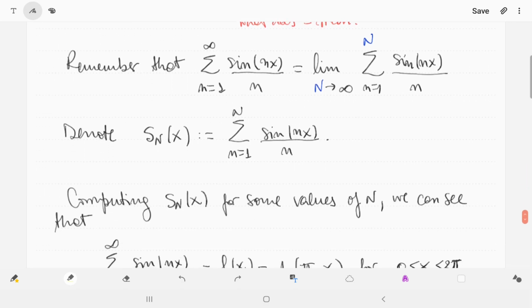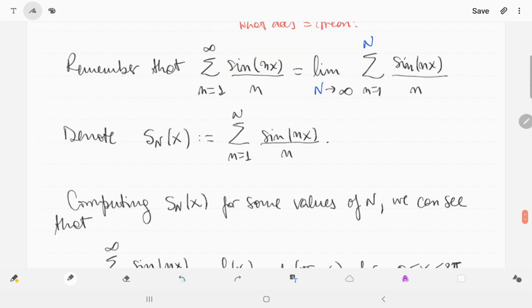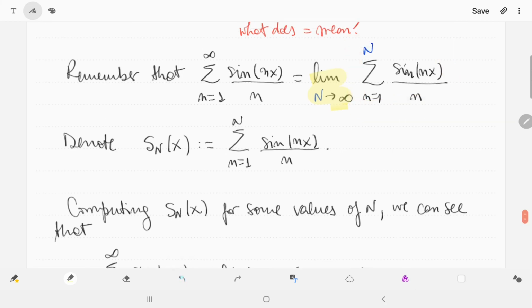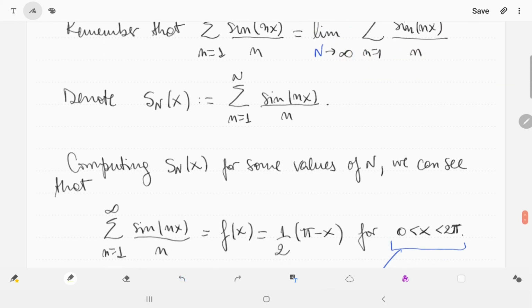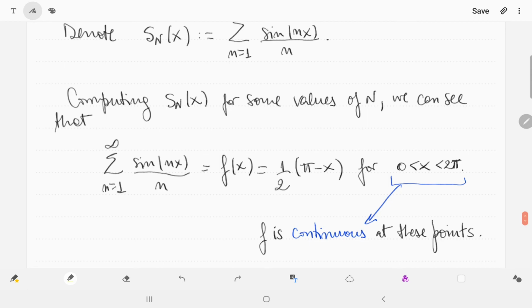Remember that a series is just the limit of its partial sums. Computing these partial sums for some values of n, you can see that the partial sums go to f of x, where x is strictly in the open interval 0 to pi.